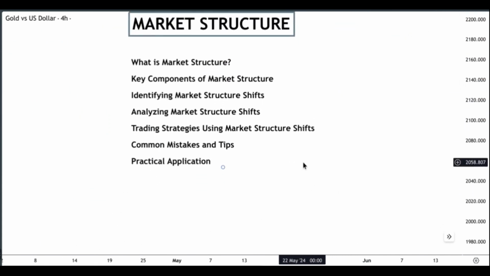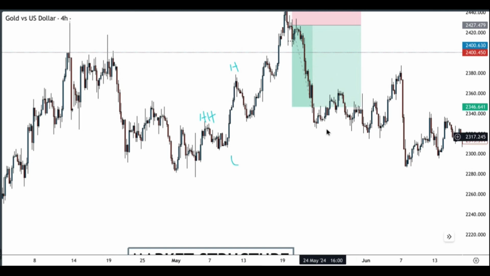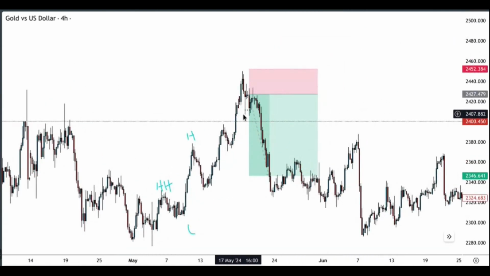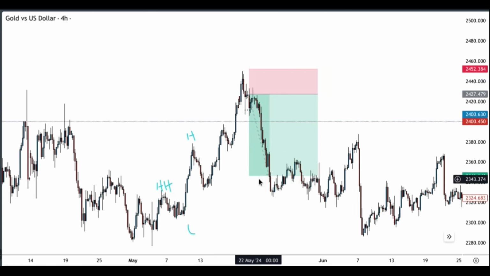What about the common mistakes that people always make? Most traders should avoid common mistakes like, for example, entering the trade too early without confirmation of the market structure shift. Because here we confirmed it: it came and retested the order block, or the fair value gap, right here, and it dropped down.